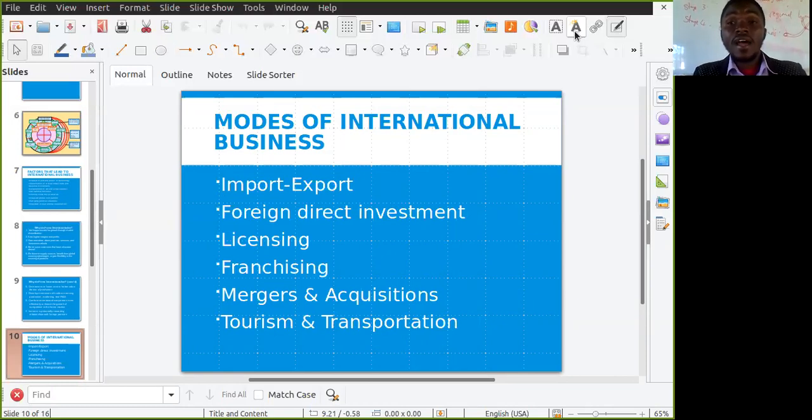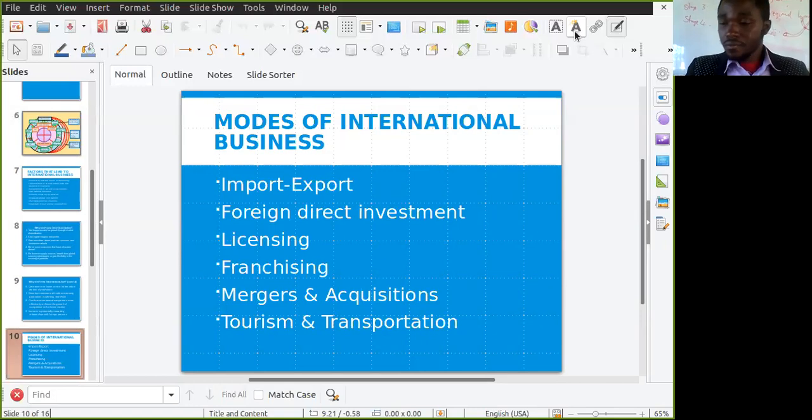Exporting is an activity that involves taking goods outside a domestic environment. And importing means taking goods and services from a foreign environment into the domestic environment. And realize that at the end of the day, that makes an international business because it involves crossing of borders.